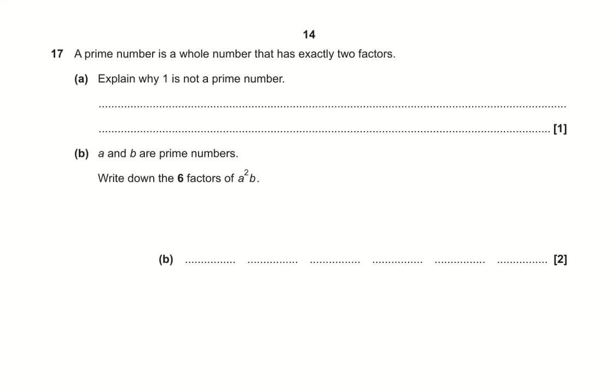Question number 17. A prime number is a whole number that has exactly two factors. Explain why 1 is not a prime number. Because 1 has only one factor.